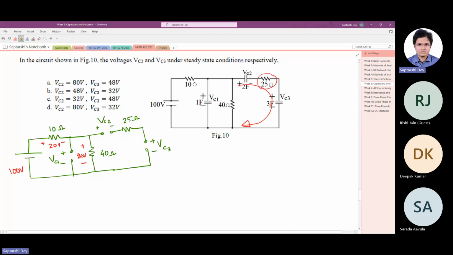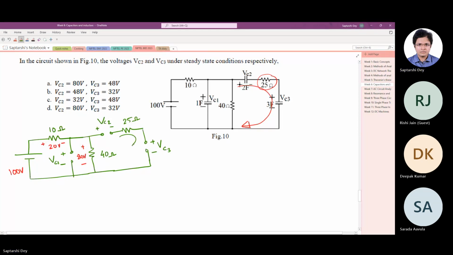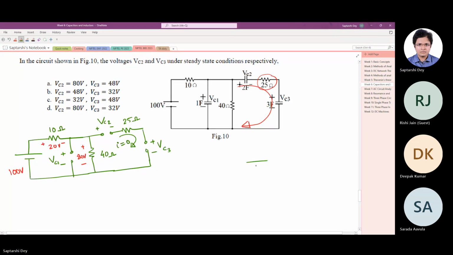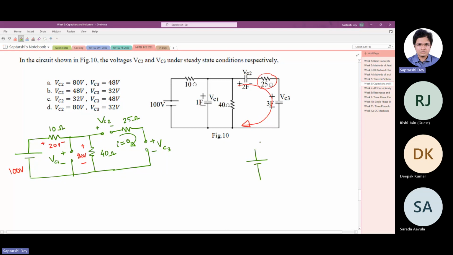But the question is VC2 and VC3. Now, since there is no current through this loop, there is no voltage drop across the 25 ohm resistance also. So basically, this problem boils down to this simple problem that you have two capacitors in series.